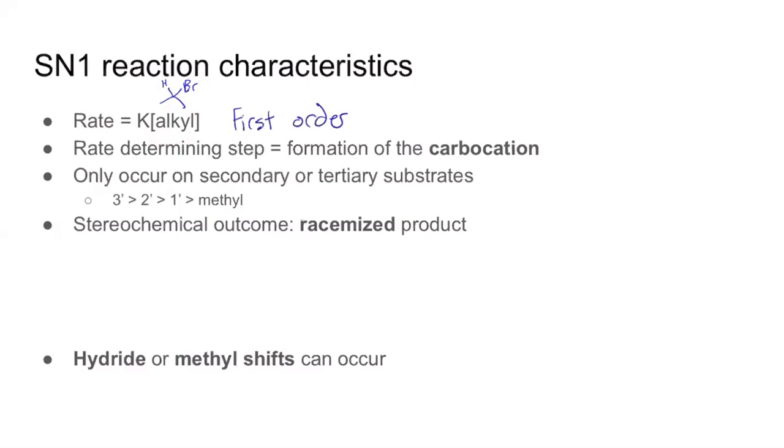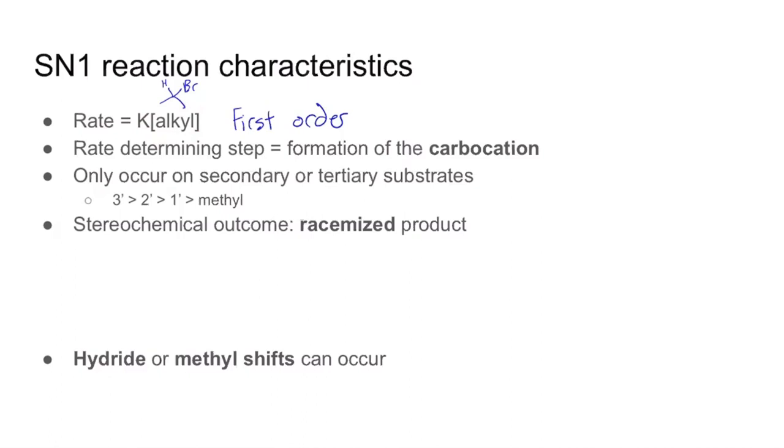Because if you remember, determining the order of a rate law, it's the amount of things that are in parentheses. So we only have one molecule in parentheses here that the rate is dependent on. So it's first order. And that's kind of how we get the name of the reaction.